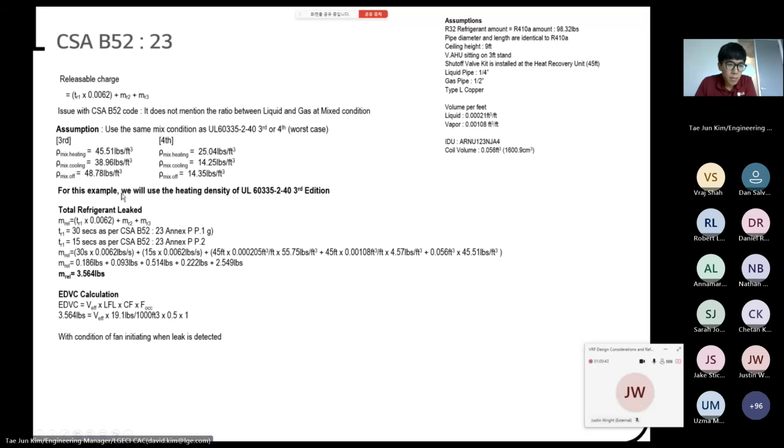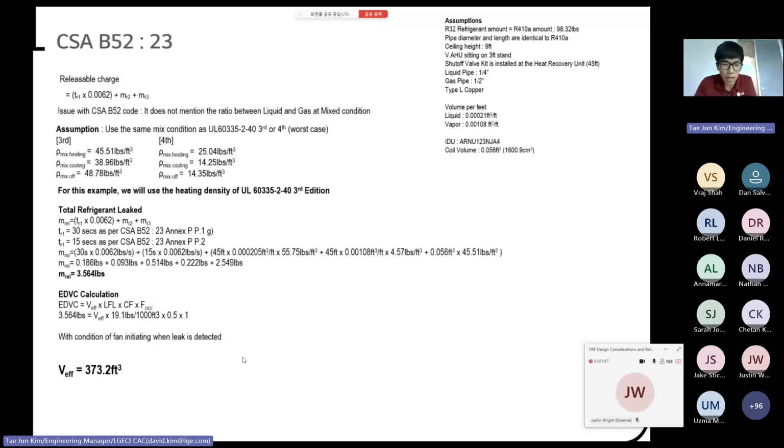Calculating on that, it gives me the total effective dispersion volume to be 3.564 pounds. And using this effective dispersion volume charge calculation, I can calculate the volume using this MREL, and it turns out to be 373 cubic feet.